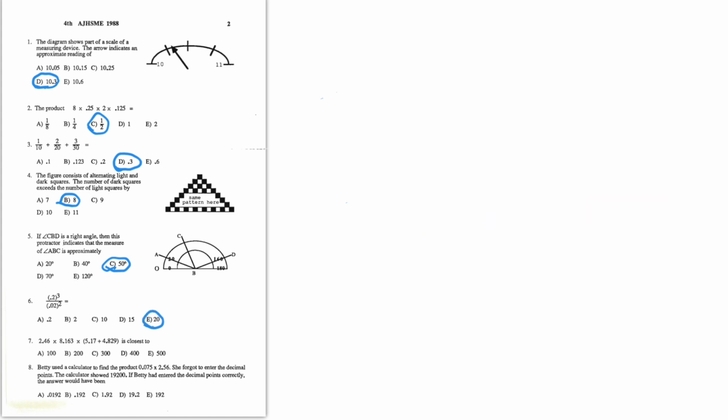Number 7. 2.46 times 8.163 times 5.17 plus 4.829 is closest to. So look at the problem: 2.46 times 8.163 times 5.17 plus 4.829.